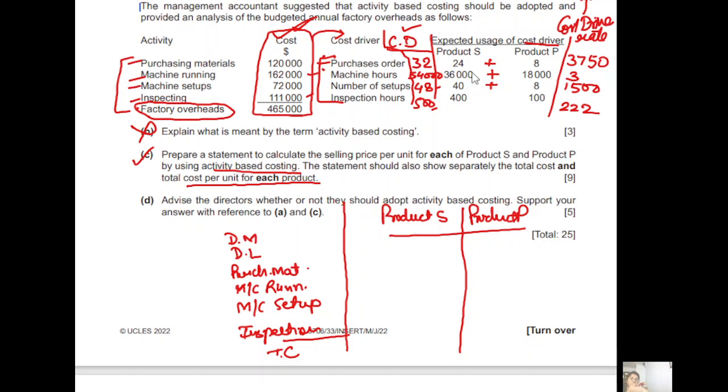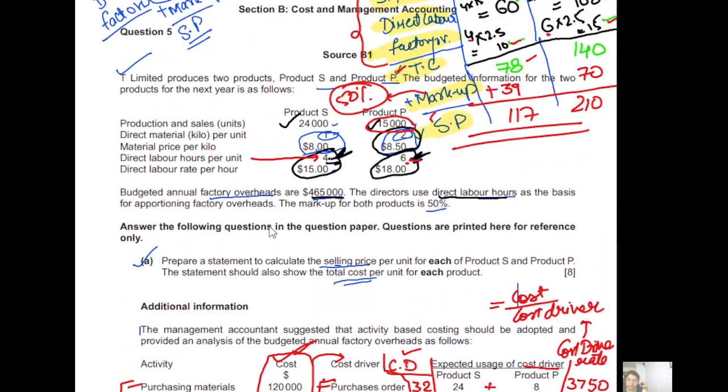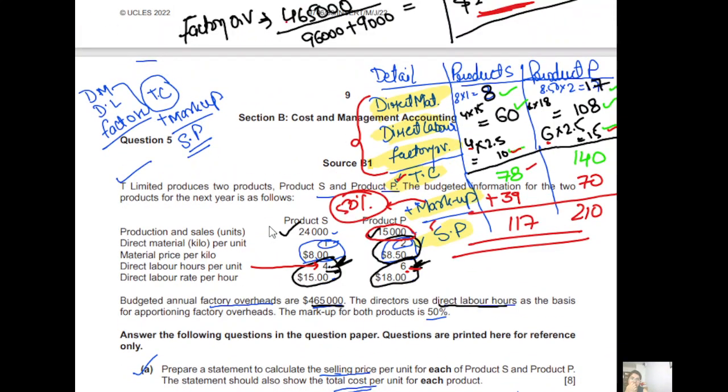Okay, and the allocation is also given to you, so directly we are going to find it out. Direct material we already calculated, that is 8 and 17, right? And how much they produce? They produce 24,000 and 15,000.